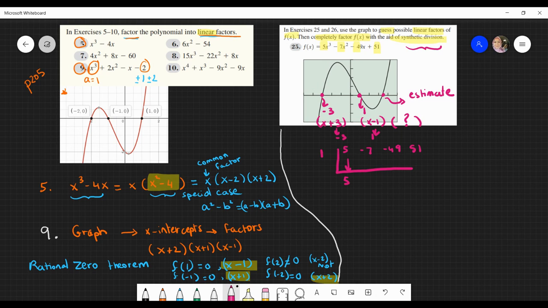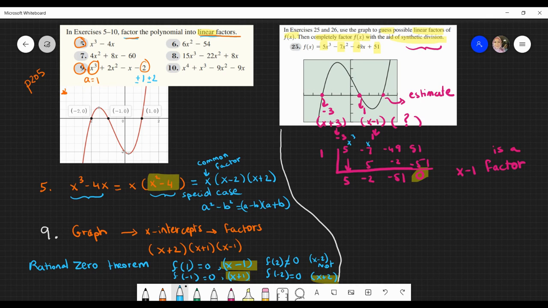I'm going to drag the 5, multiply, add, then multiply again, then add, then multiply and add, which proves that x minus 1 was a factor, and we were definitely sure. We weren't even questioning because we can see it from the graph.